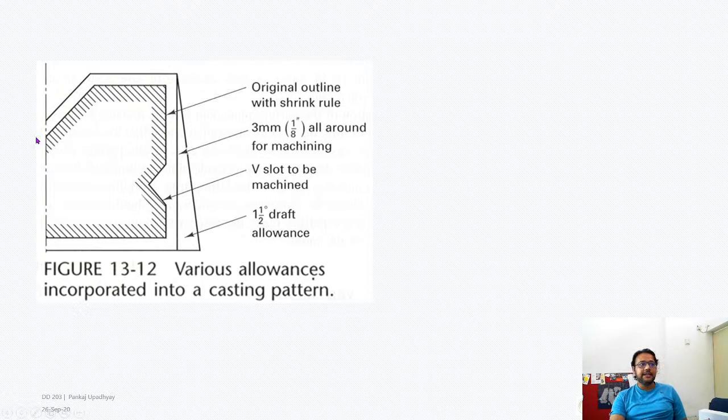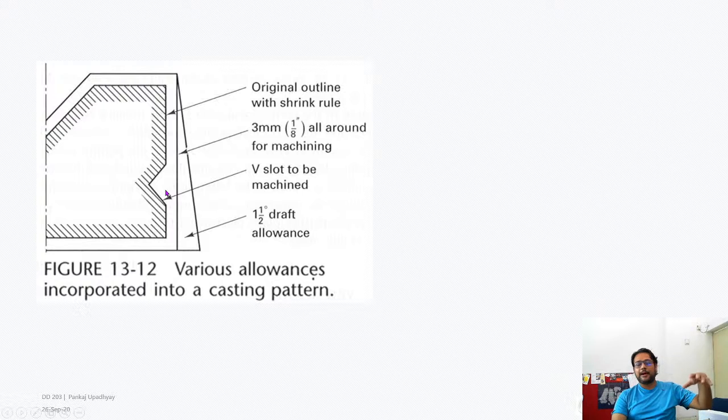Right, so in this image, what it's showing you is the allowances that you will need to keep for a certain design. Let's say the gray shaded part is the part that you want. You see this small notch.